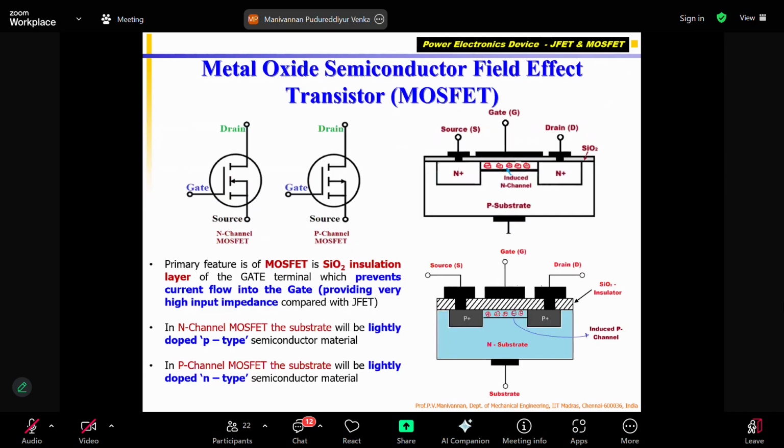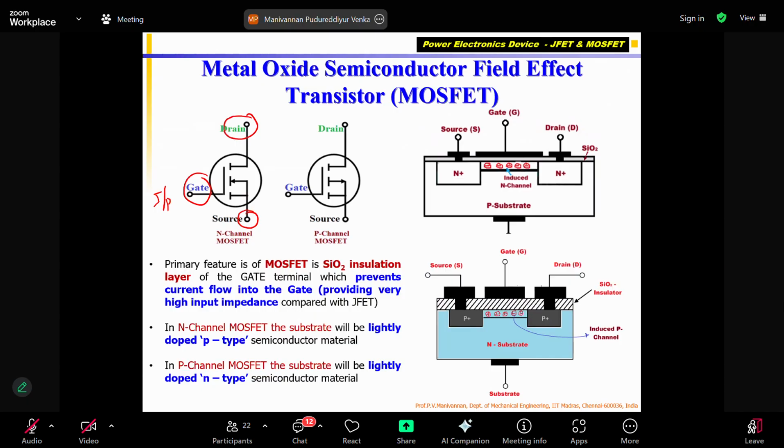Already I told you, but anyhow, let me start fresh quickly. No issue today, we can complete. MOSFET is similar to a FET, the field effect transistor. It has three terminals. One is the gate terminal, which is the input terminal. Then you have a terminal called drain, and the other one is called source.